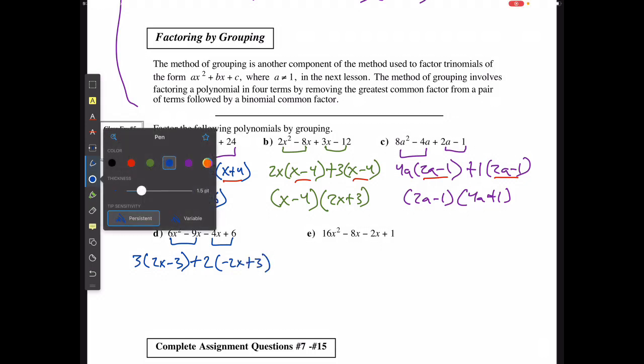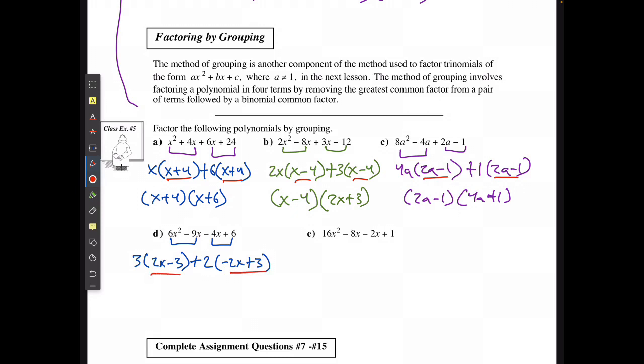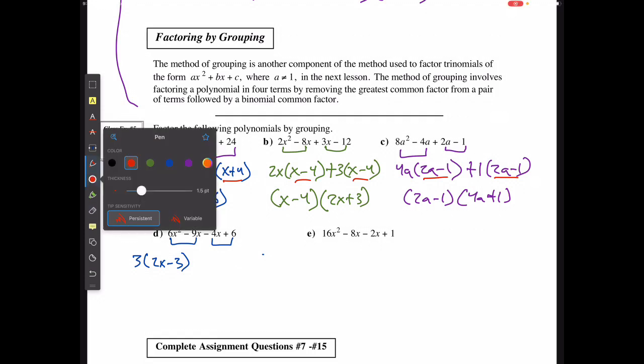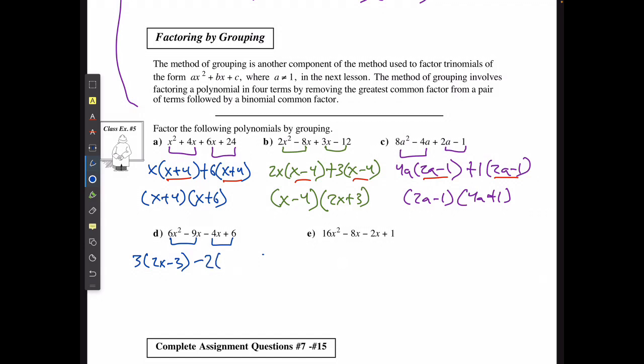But then I can see that these two are not identical. So if the signs inside are wrong, then that means I need to change the signs by taking out a negative. So I'm not just going to divide by 2, I'm going to divide by negative 2. And then it's going to flip the signs, 2x minus 3, and now they match. 2x minus 3 and 3x minus 2.